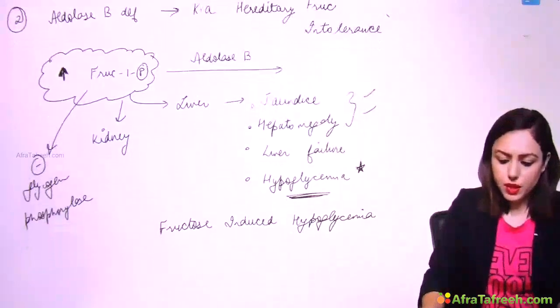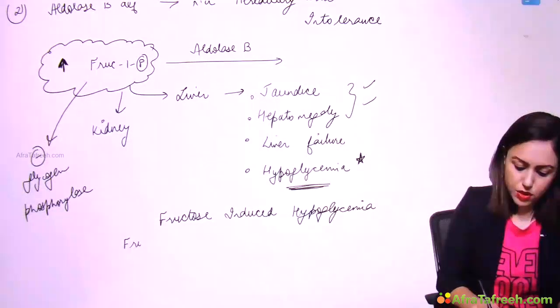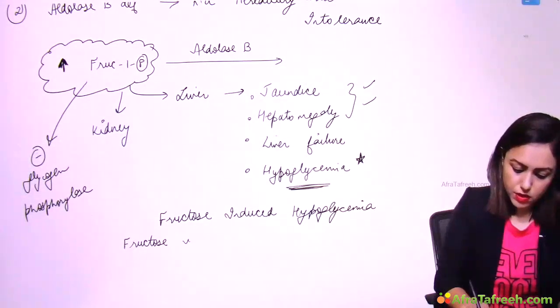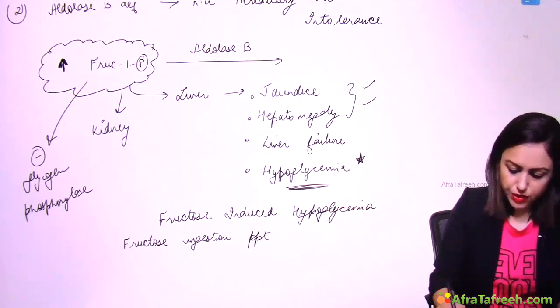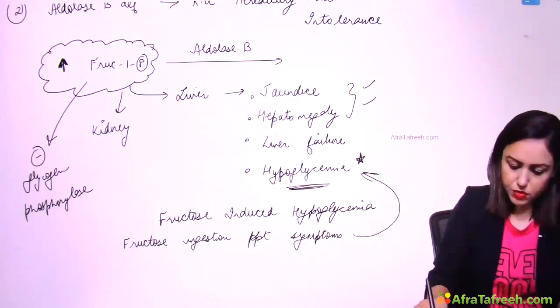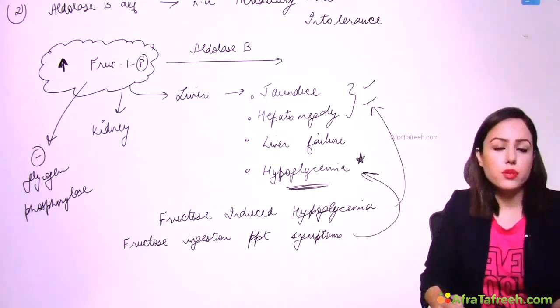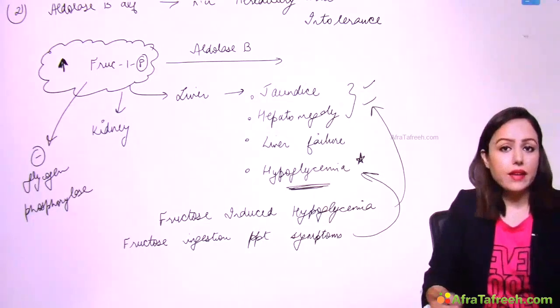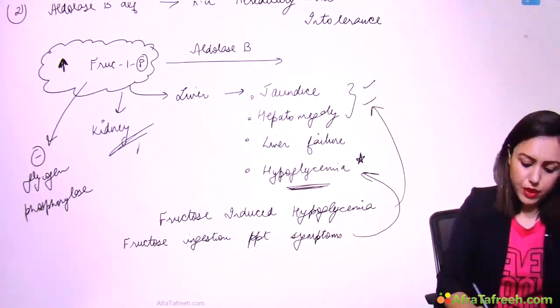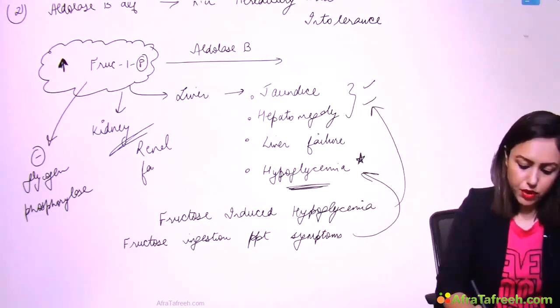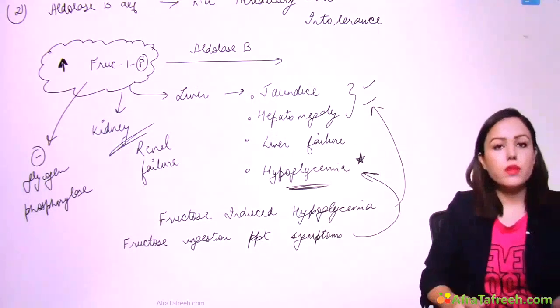So in this case, fructose ingestion will precipitate the symptoms. So these symptoms, jaundice, hypoglycemia, right? And if it is not treated, then renal failure can also occur, right?